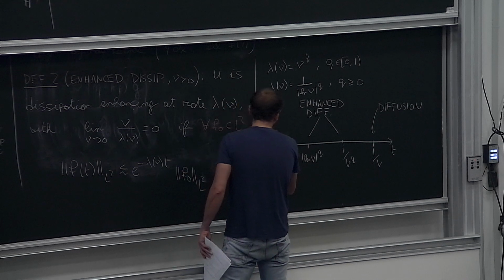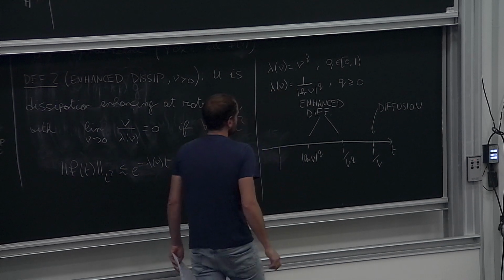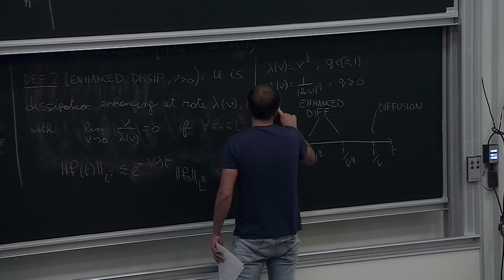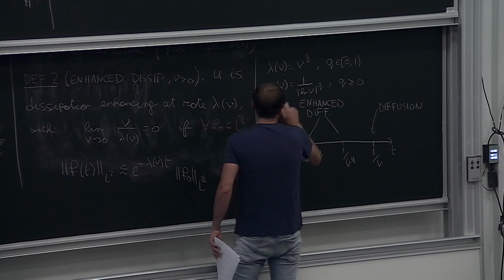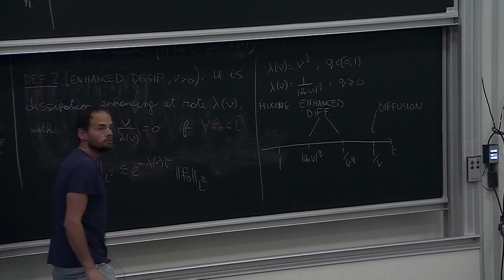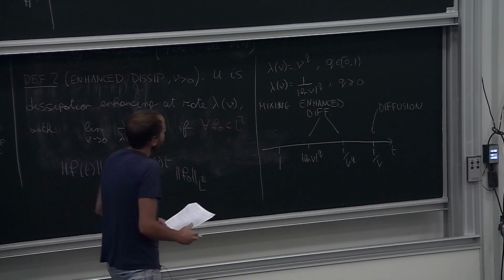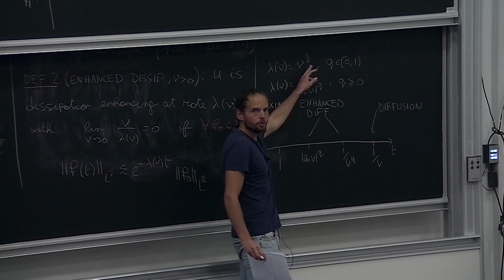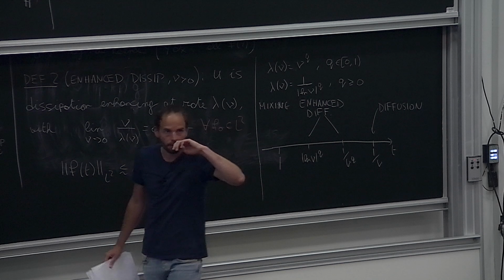And then there is maybe a time scale of order 1, which is sort of the mixing time scale. But this definition makes sense also for q equals 0 here, which is an extremely fast dissipation, right?